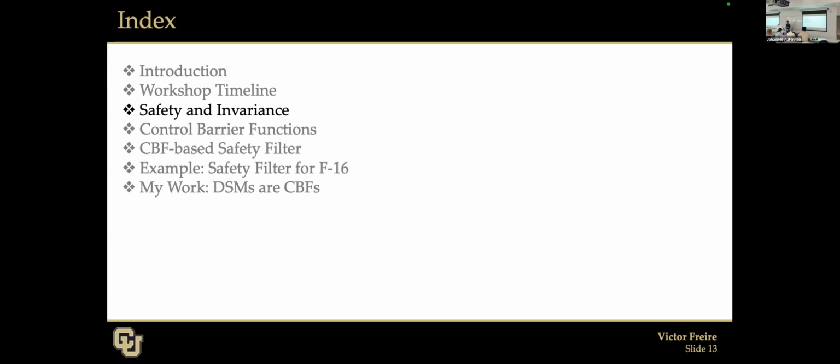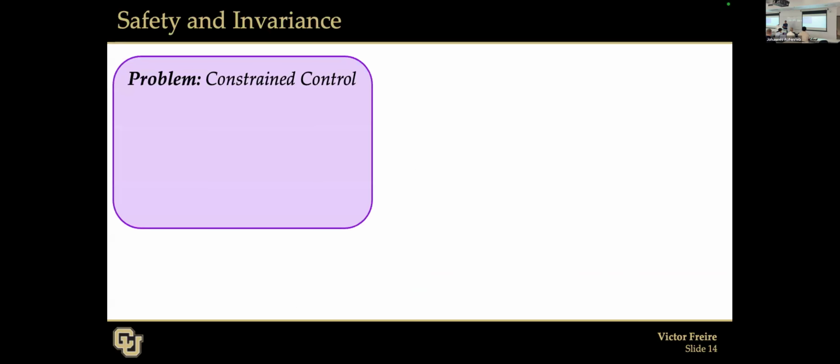I am going to begin by mathematically defining safety. And to start with that, let's take a look at the constraint control problem. So this is, in broad terms, the problem that the constraint control literature tries to solve. So we're going to consider systems in control-affine form.